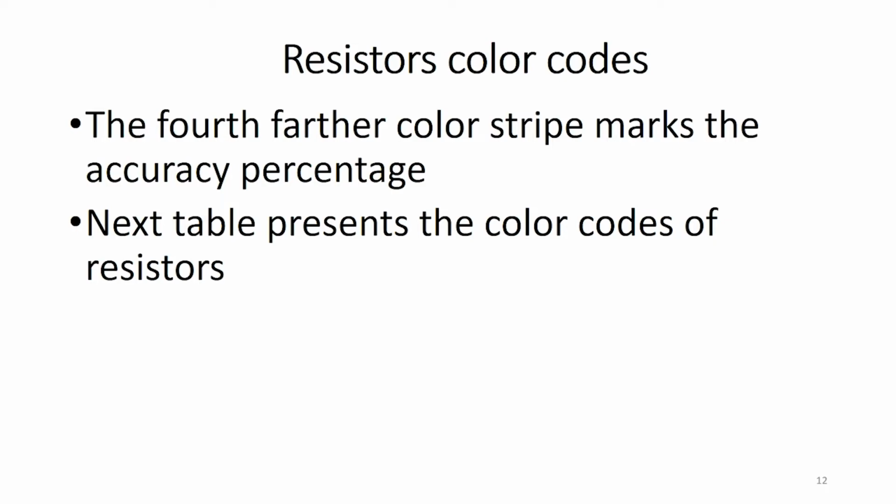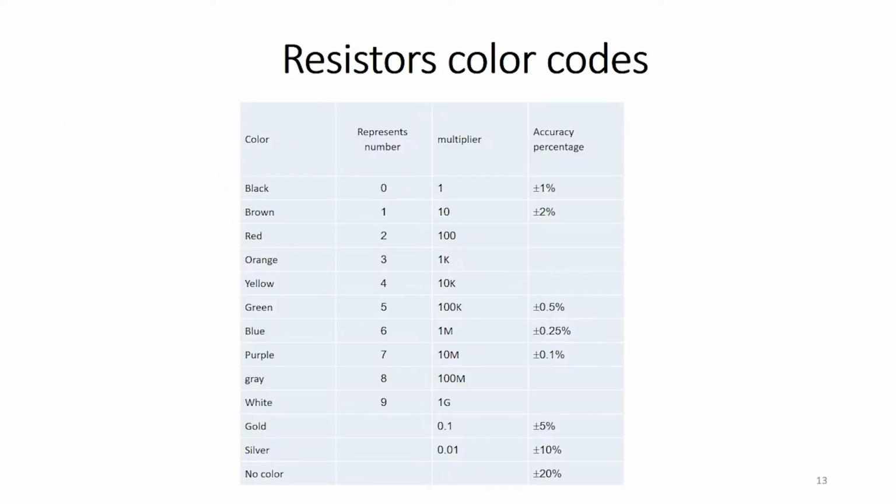Next table presents the color codes of resistors. Black stands for 0, brown stands for 1, red stands for 2, orange stands for 3, yellow stands for 4, green stands for 5, blue stands for 6, purple stands for 7, gray stands for 8, and white stands for 9. These are the digits.